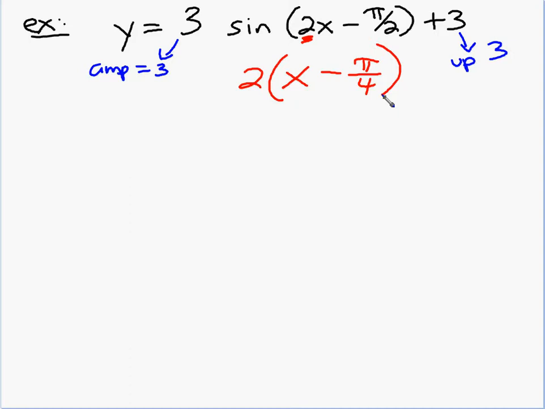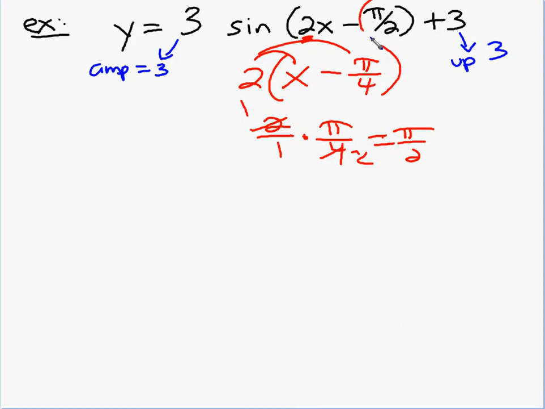You have to think distributive property backwards. 2 times x will give me my 2x. And isn't 2 over 1 times pi over 4, if I do my factoring, don't I get my pi halves, which is what I had? So you have to think backwards, and it helps to even set up your distributive property and try it.